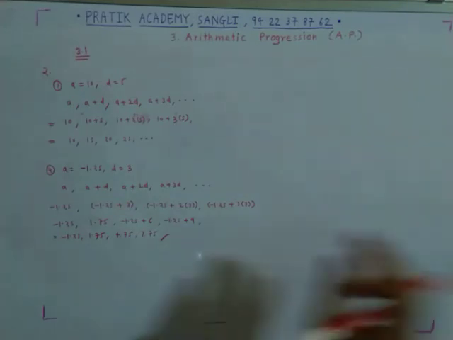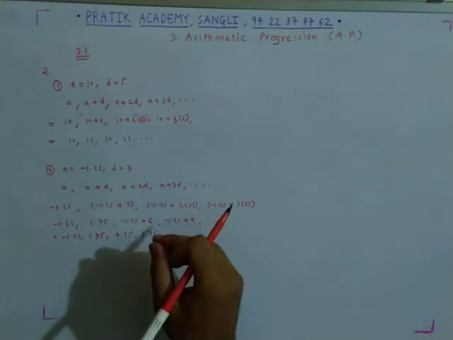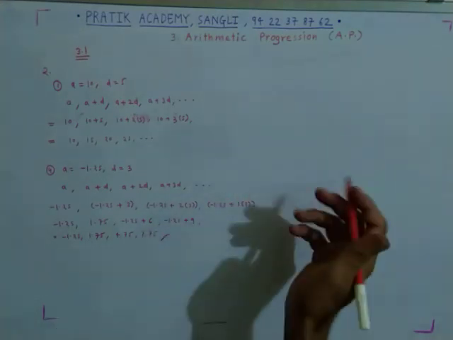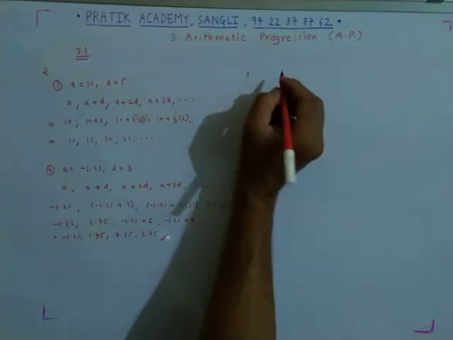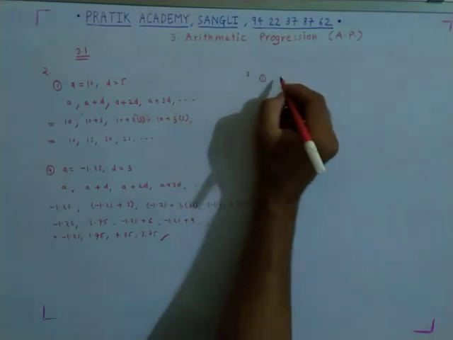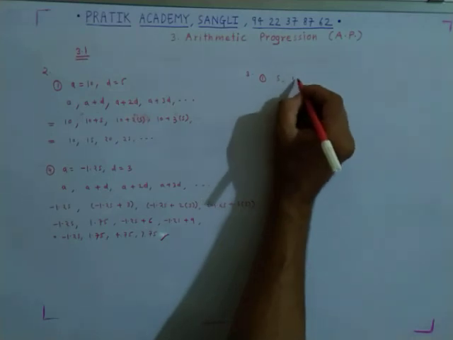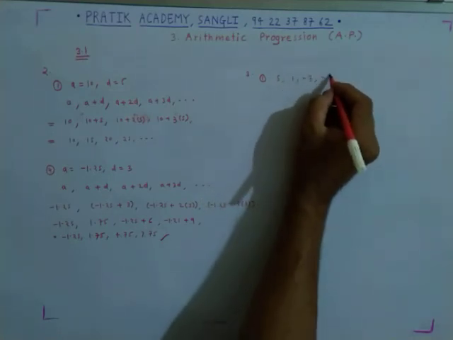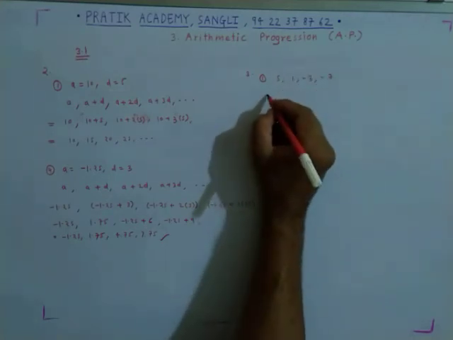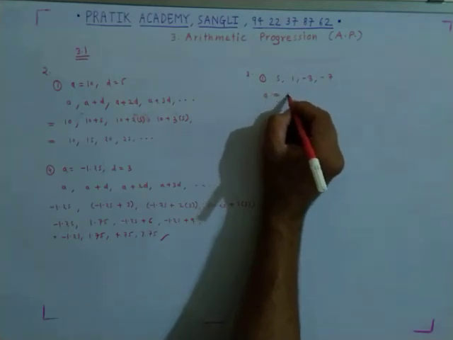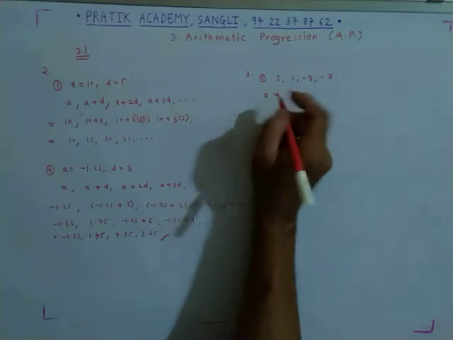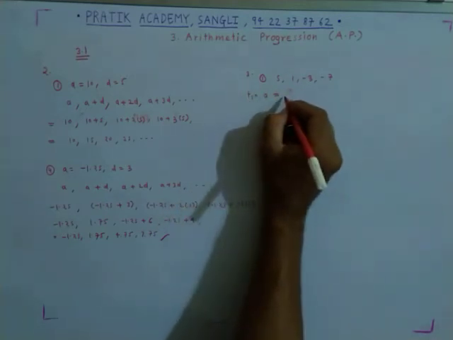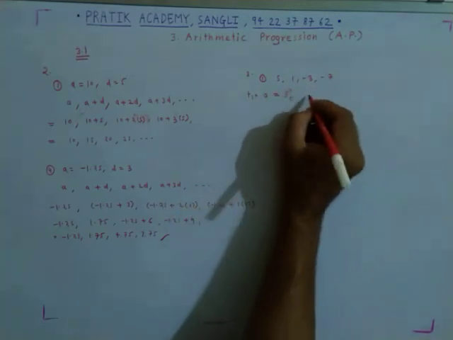And the last one, very simple. Here, find the first term and common difference for each of the following APs. So the numbers are given in AP already. Let's take one simple example: 5, 1, minus 3, minus 4. So our A, that is the initial term, is 5. That is our T1 term. T1 is equal to A is equal to 5 here.